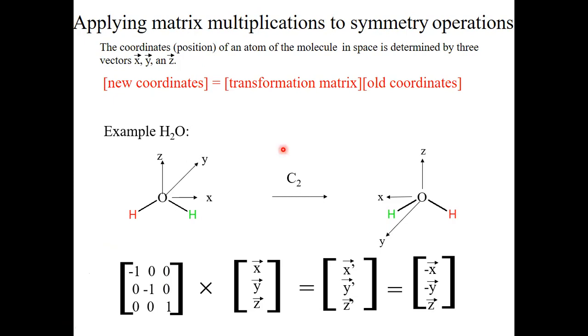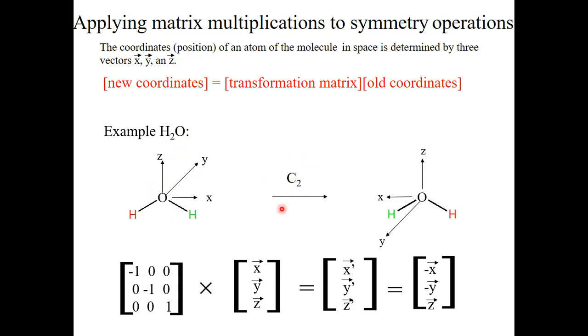So we have illustrated this concept for one example already. We looked at the water molecule, which belongs to the point group C2v, and we have seen how the C2 symmetry operation transforms these coordinates.